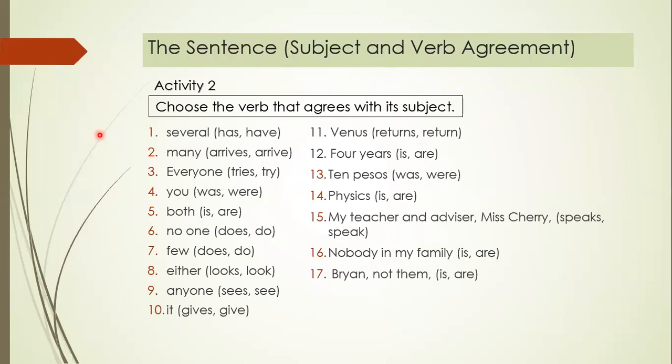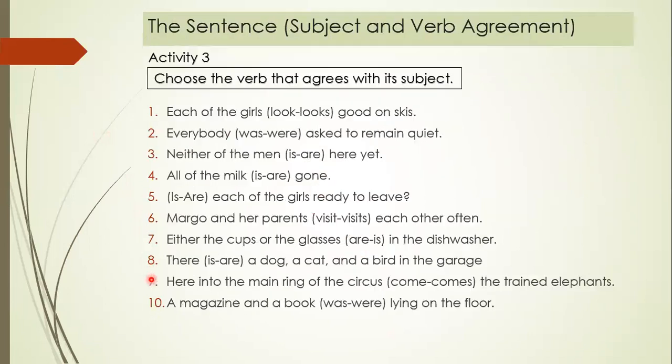You can look at the screen. 2, 3, 4, 5, 6, 7, 8, 9, 10, 11, 12, 13, 14, 15, 16, 17. I'll leave the answers to you guys. I trust you and I believe in you and I know that you understand the lesson. So good luck answering it.